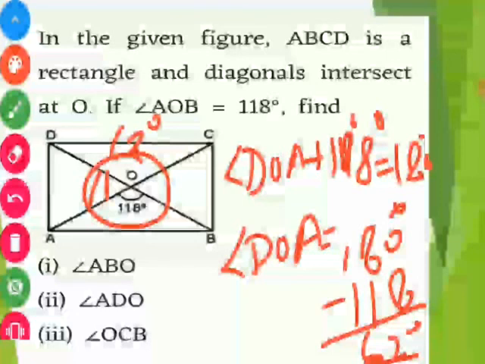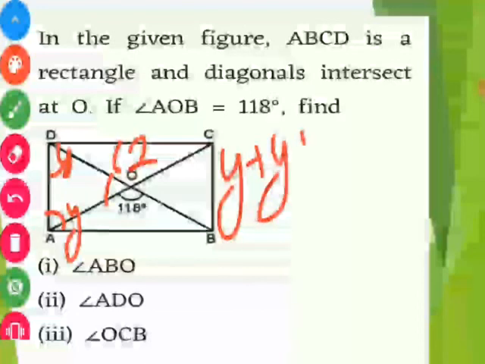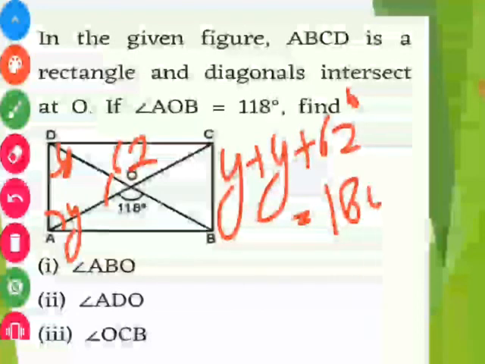And as I told you, this and this angle are also equal. This is y and this is also y, and this is 62 degrees. So let's calculate this angle y. So y plus y plus 62 degrees is equal to 180 degrees.